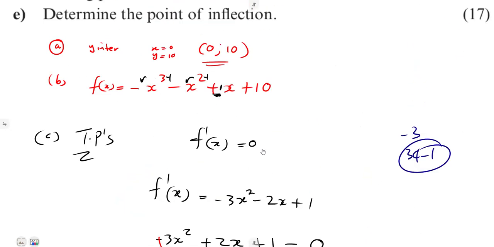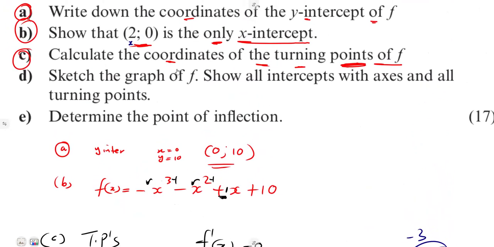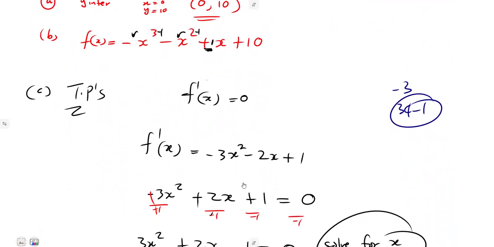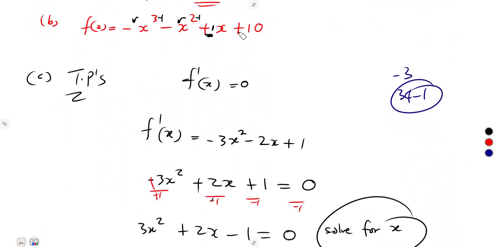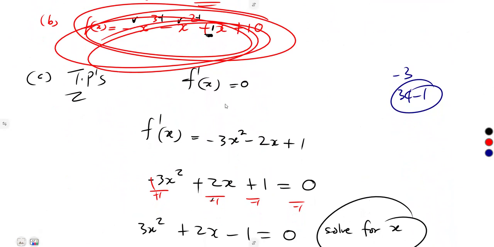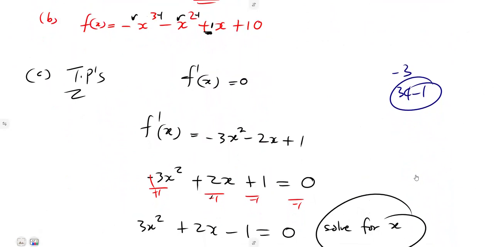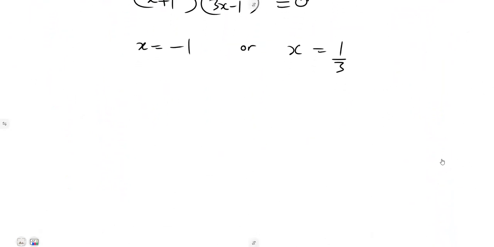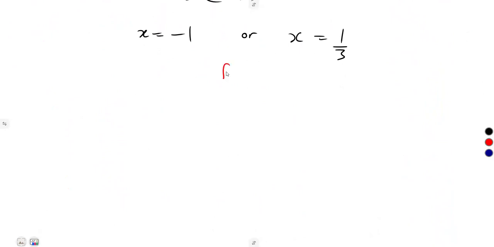Remember, the question here is about the turning point. Calculate the coordinates. So to find now the value of y, you have to go back to the original function f of x. Substitute these values. So from our f of x, which is given as minus x cubed minus x squared plus x plus 10.